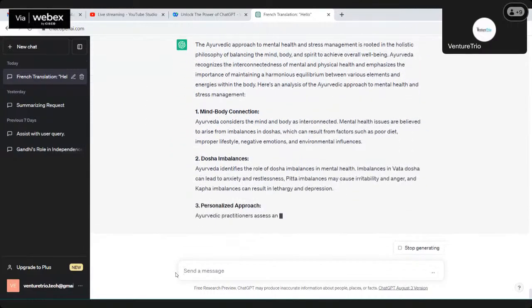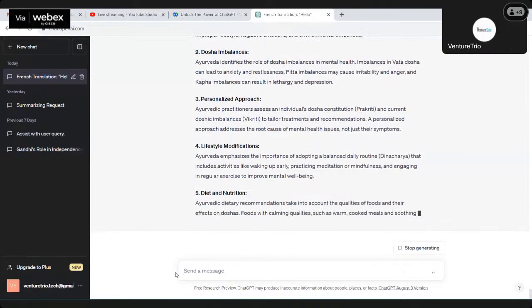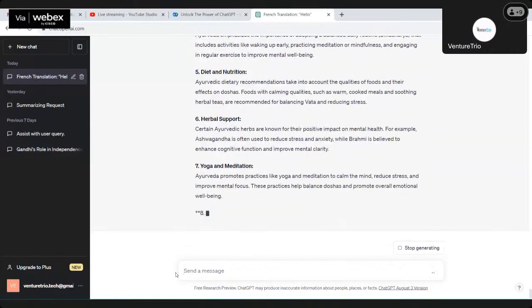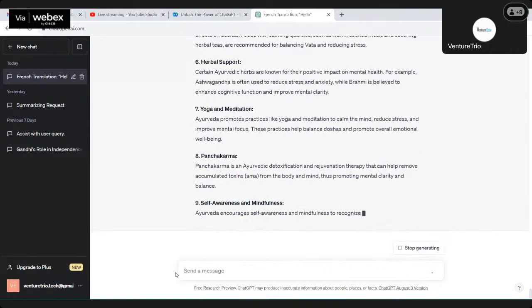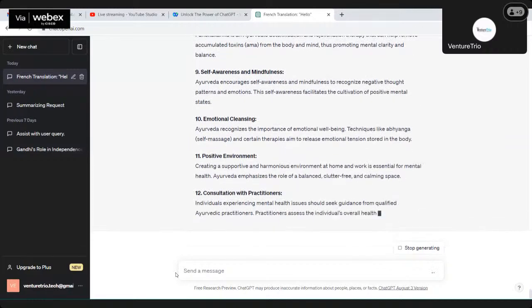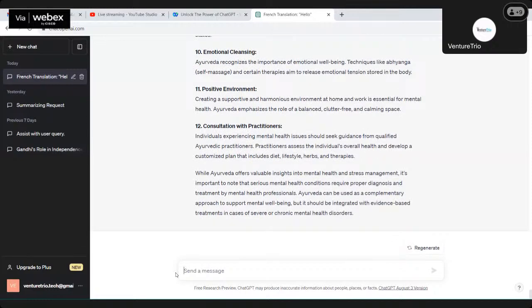Mind-body connection, dosha imbalances, personalized approach, lifestyle modification, diet and nutrition, herbal support, yoga and meditation, panchakarma, self-awareness, mindfulness, emotional cleansing, positive environment, consultation and practitioners.